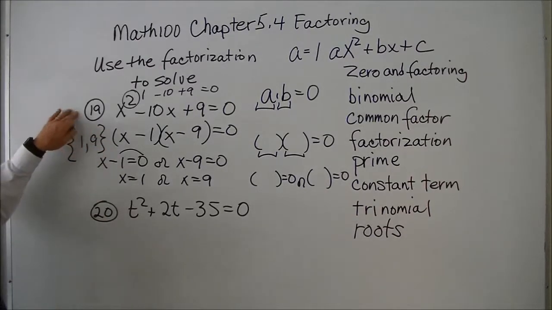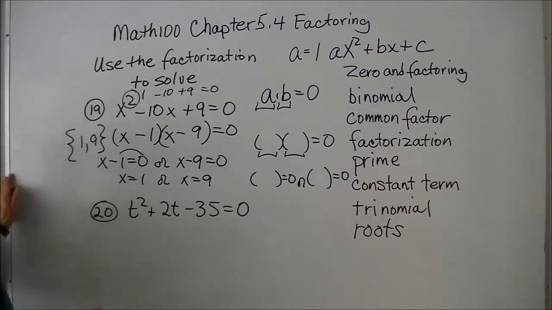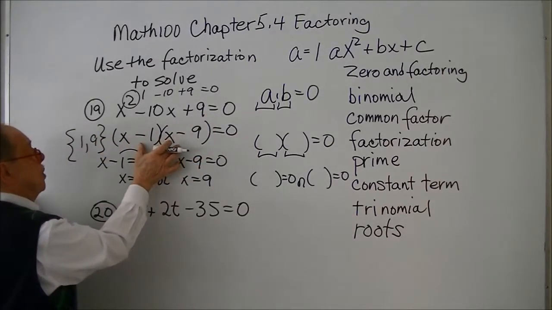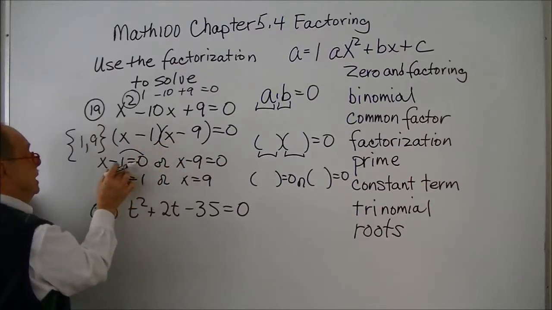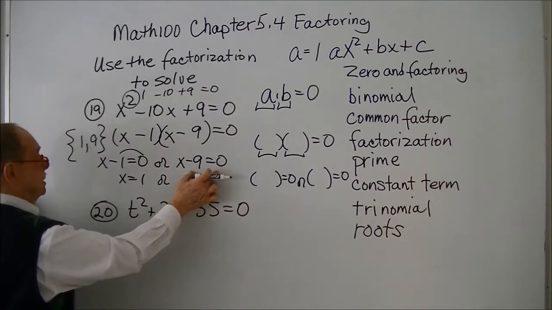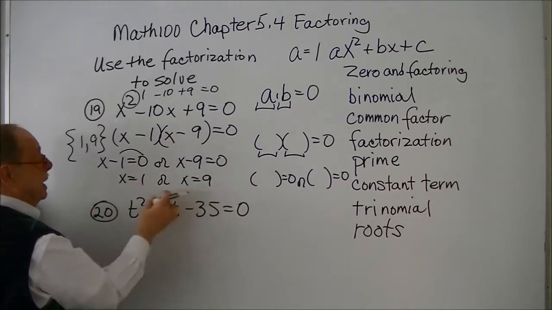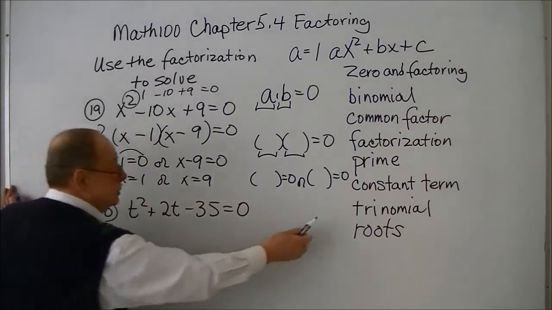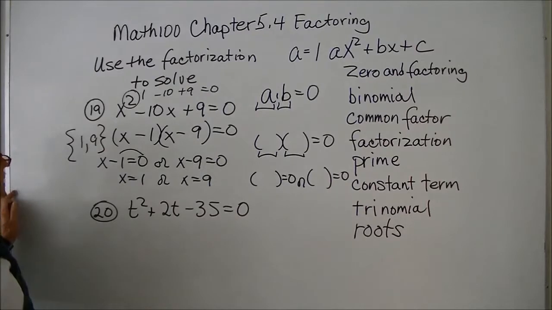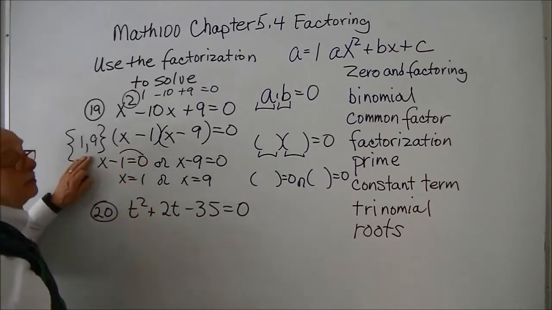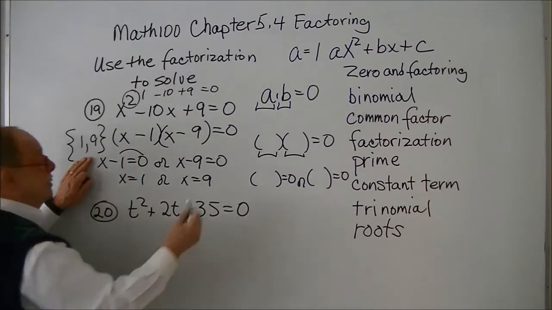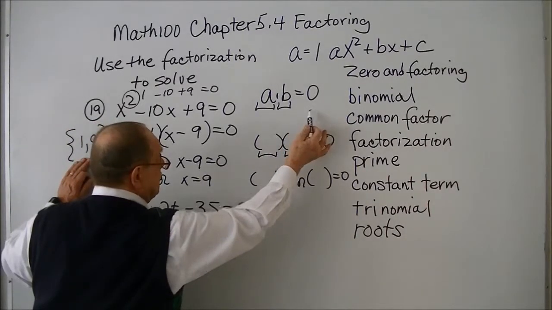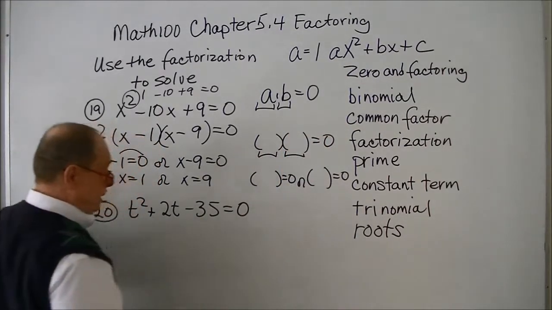And that would be for number 19. What we did is we had a quadratic equation, we factored it, set each of the factors equal to 0, solved, and got, because it's degree 2, 2 roots, 2 solutions. We checked one of them, and the other one works too. And we're using the zero and factoring principle that I've illustrated here.